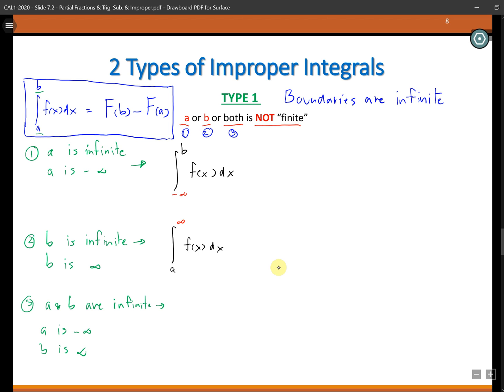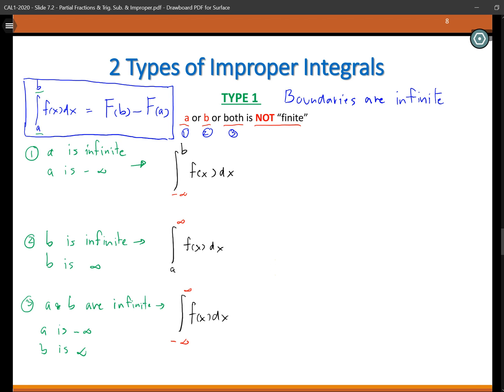So in terms of notation, we have two problems here. The lower bound is minus infinity and the upper bound is plus infinity. And the rest, no problem. Okay, 3 scenarios: lower bound, upper bound, and both.